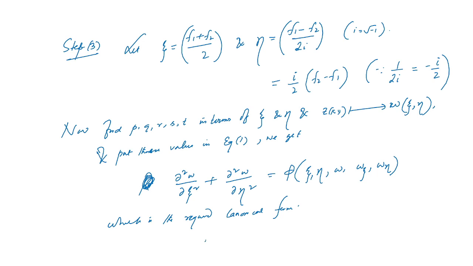In some books you will see it written as del squared z by del xi squared plus del squared z by del eta squared equals some function of xi, eta, z xi and z eta. The same thing. This is also the canonical form. Now we will continue with one important problem related to this kind of elliptic type.